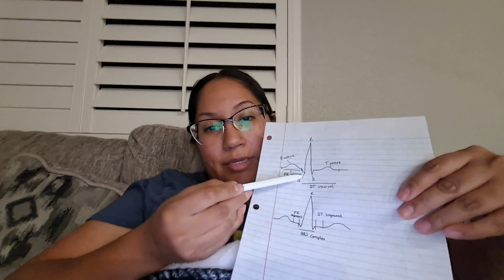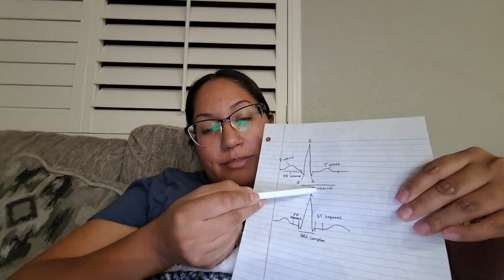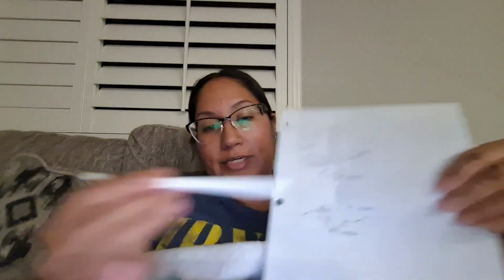So there are five prominent points on an ECG, which is the P wave, QRS complex, and the T wave. Well, that's three of them. But this is the P wave, the QRS complex, and the T wave. The P wave is the depolarization of the atria.